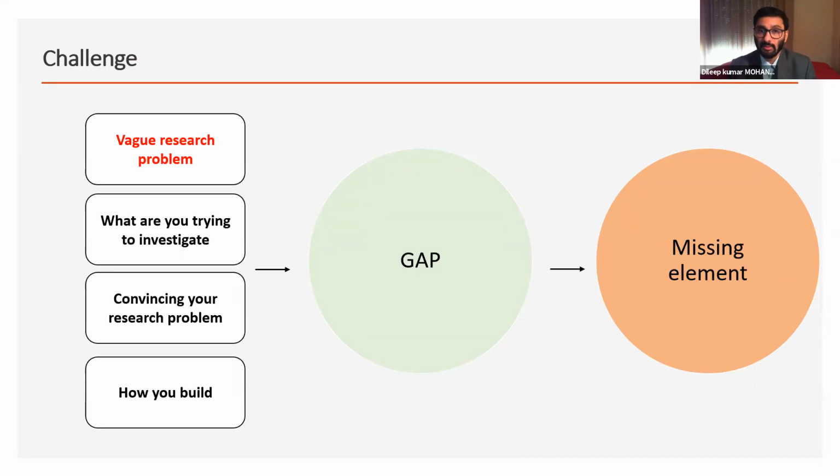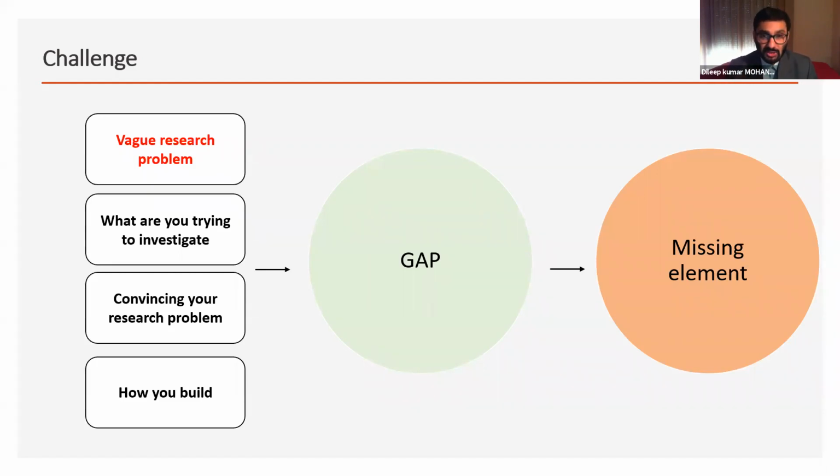A problem may be existing, but whether it is acting as a researchable problem or not, there lies the challenge of a researcher. And finally, how to build up that knowledge gap related concepts.